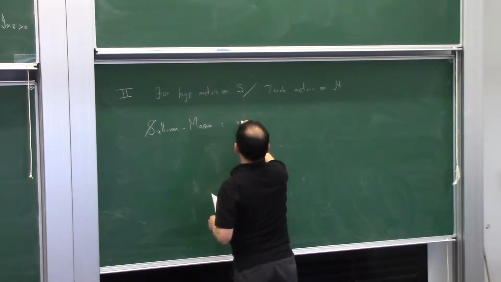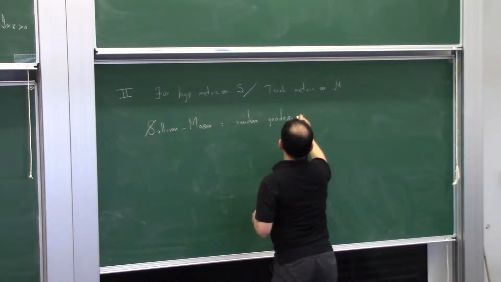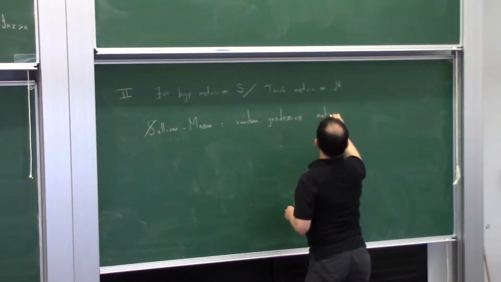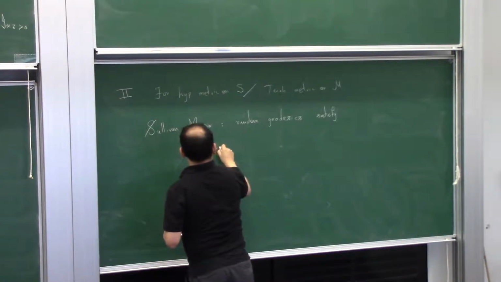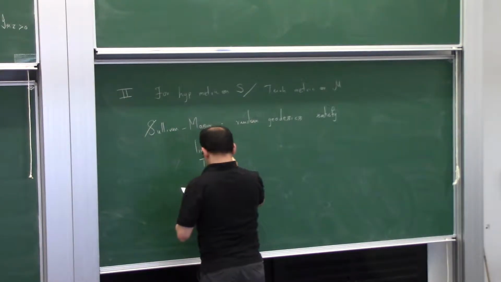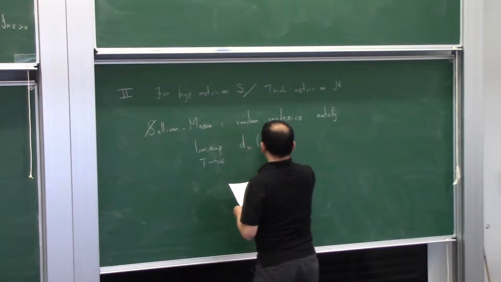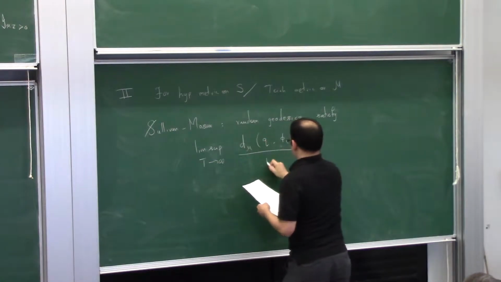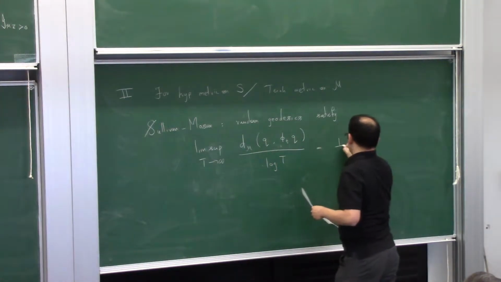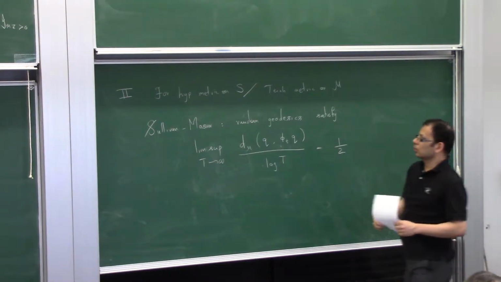Random geodesics satisfy the limit as t going to infinity of the distance in M, between the initial point and the point after time t, over log t, is equal to 1/2. Okay? So these are the logarithm laws.